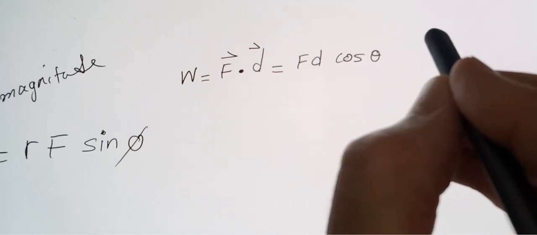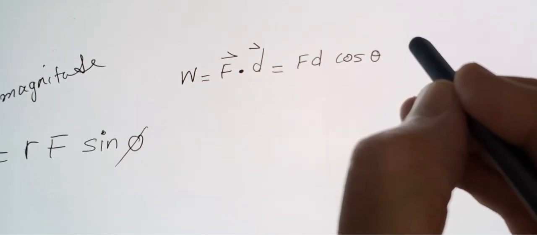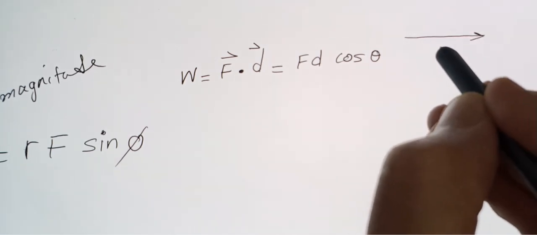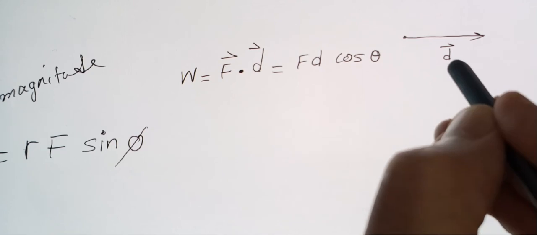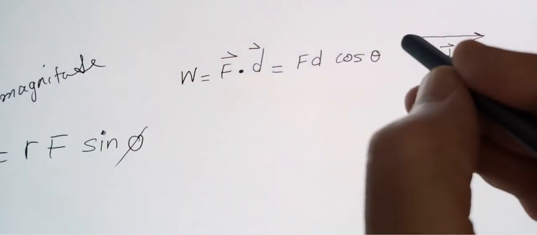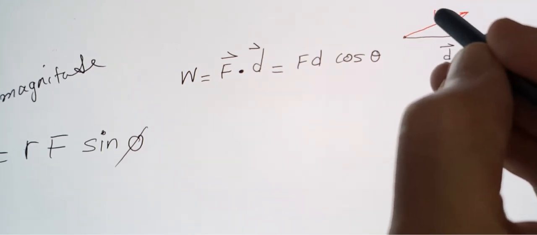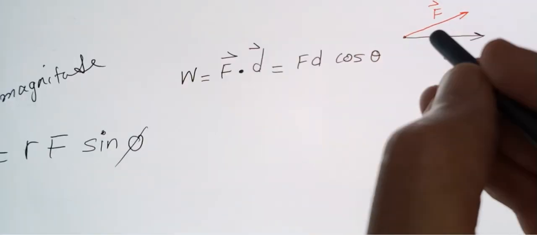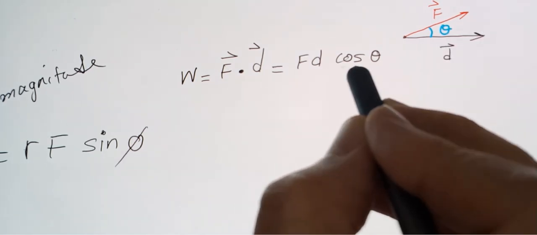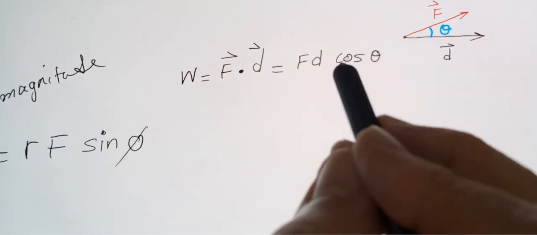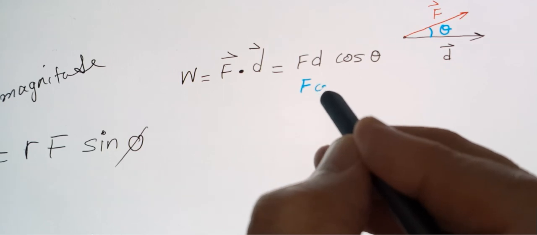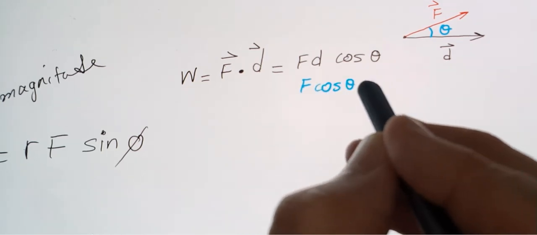So if there is a displacement D, and we apply a force F, and here is the distance. We said, what is the meaning of F cosine theta multiplied by D?